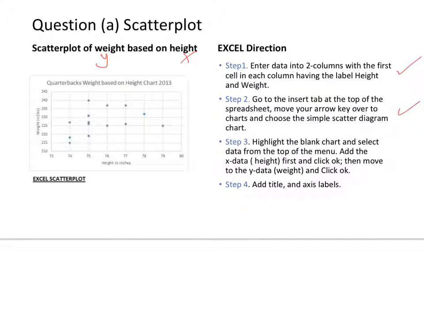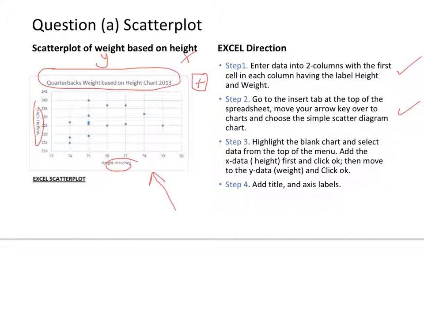Once you do that, you'll see that the chart will look complete except for your axis titles and your actual chart title. You can add those by highlighting the chart, and next to it there's a plus key.